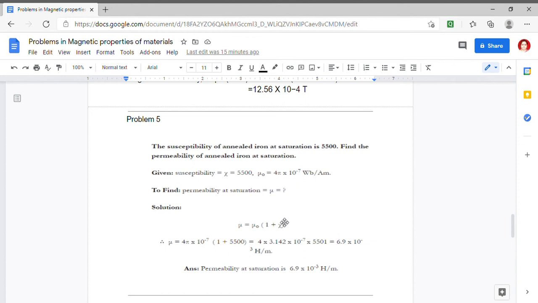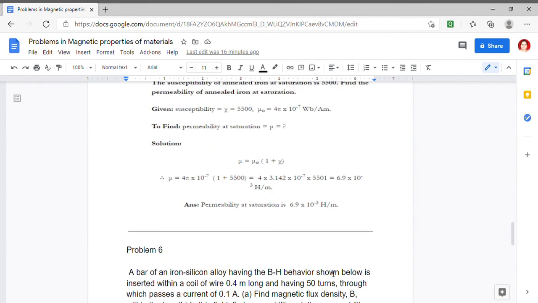Using the data of mu 0 and chi, we can easily find the permeability of annealed iron. Mu 0 is well familiar to us, it is 4 pi into 10 raised to power minus 7. 1 plus chi is 5500. So substituting all this data, we get permeability as 6.9 into 10 raised to power minus 3. This is our required answer.